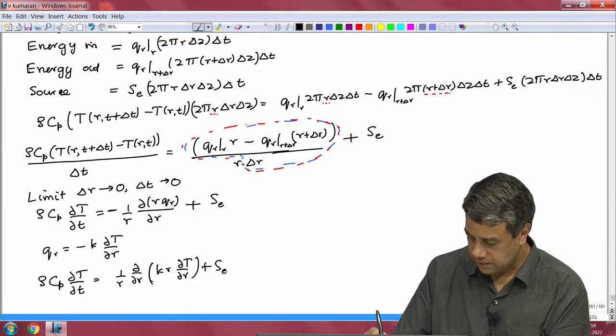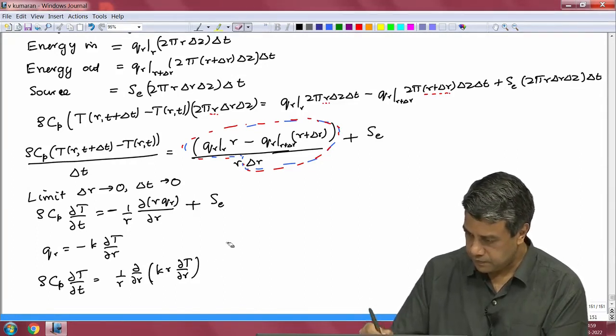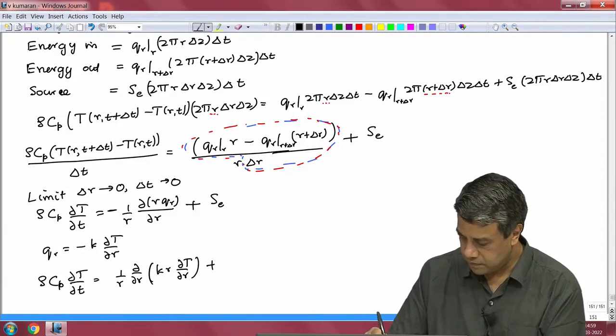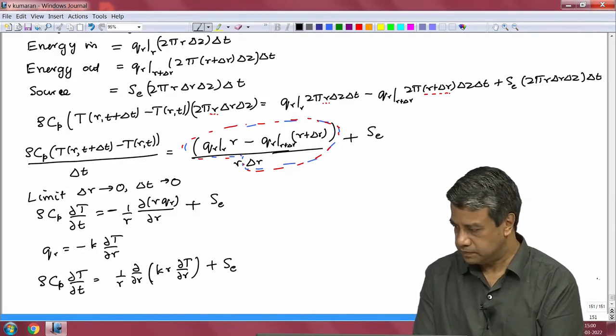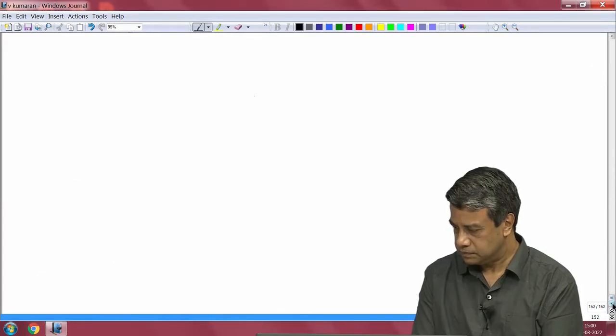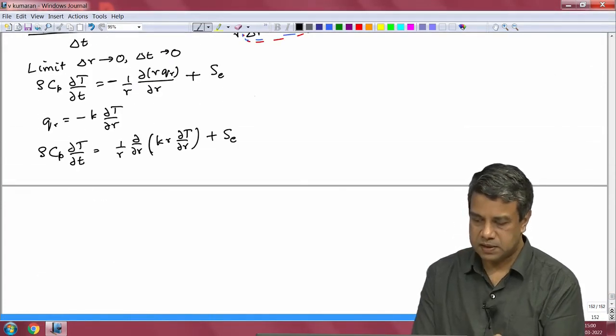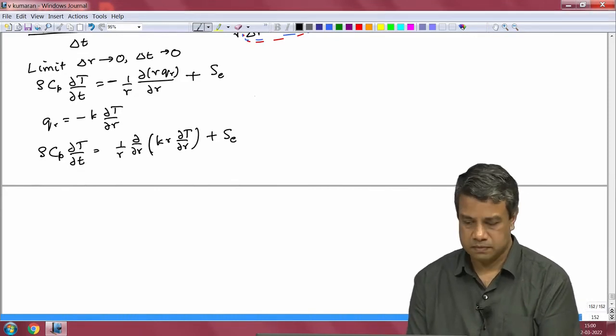Plus the source term. So that is the conservation equation.